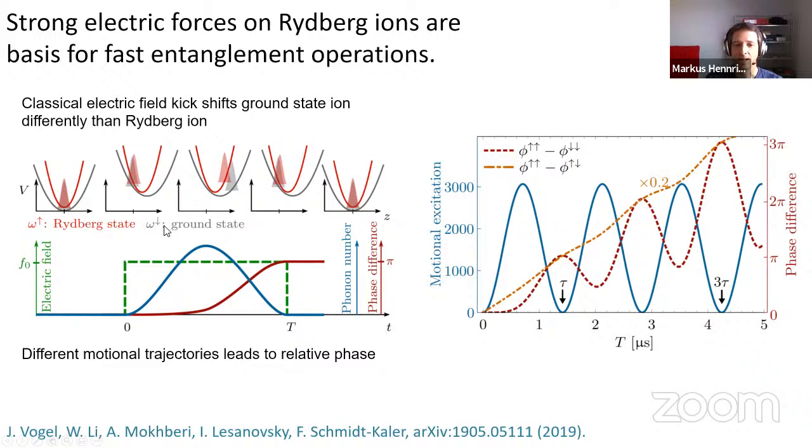You can use that so that the two wave packets after this electric field kick have different trajectories, and depending on the trajectory, they get an effective geometric phase. And if you do the kick in the right way, back and forth, then you will return back to the motional ground state. And depending on whether it is in the Rydberg state or ground state, it will get an effective phase with respect to each other. And you can use that, again, for a controlled phase gate.